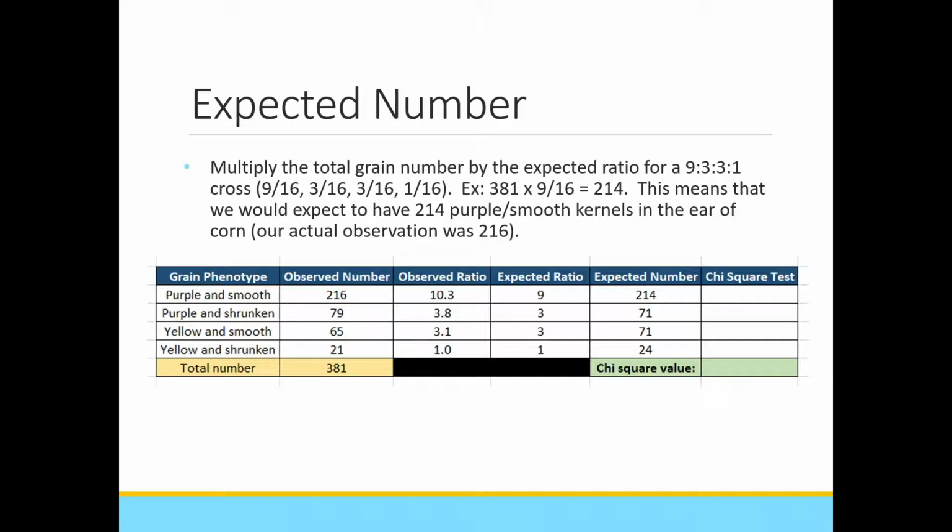So we would multiply 381, which is our total, times 9/16, and this will give us 214. And we continue down to fill out the chart. And this basically means that we would expect to have 214 purple smooth kernels in our ear of corn. And our actual observation was 216, so it was very close to what we would expect.